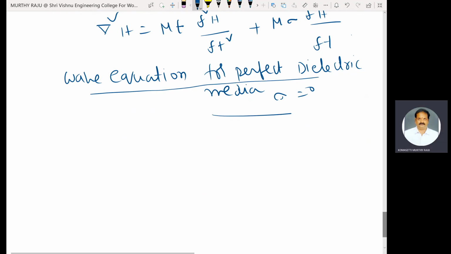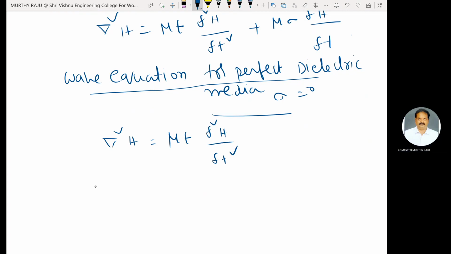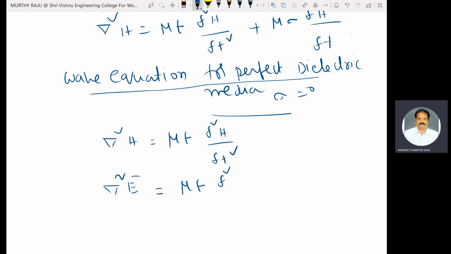In the above equations, sigma is replaced with 0. Therefore, del square H is equal to mu epsilon dou square H by dou t square, and del square E bar is equal to mu epsilon dou square E by dou t square.